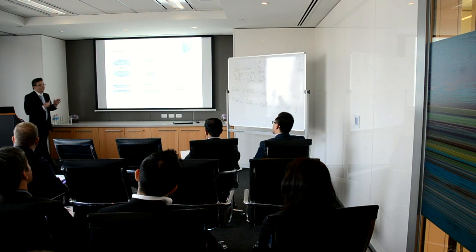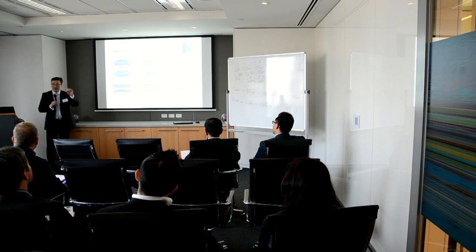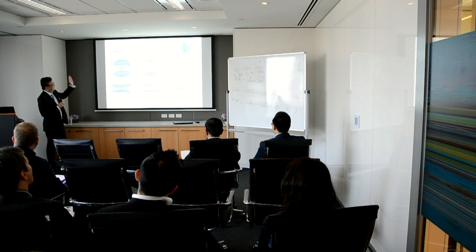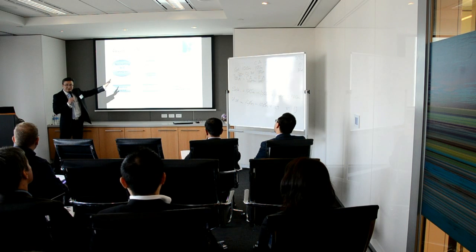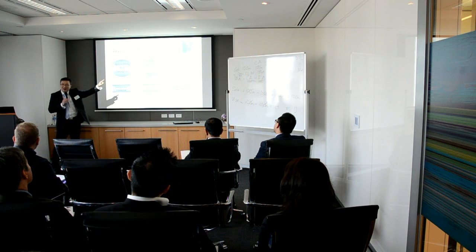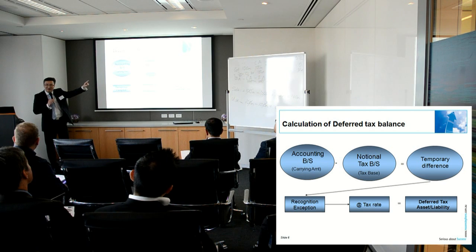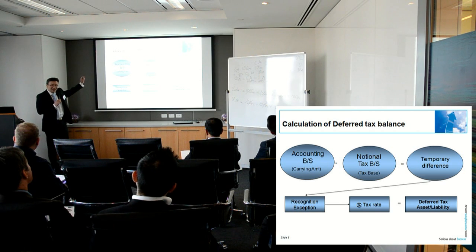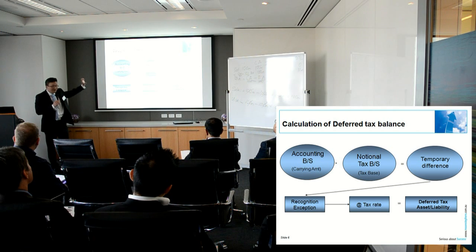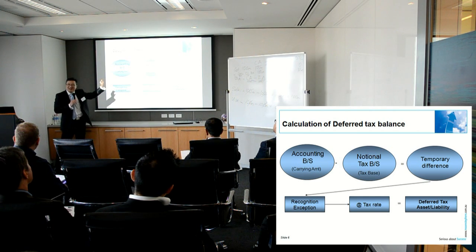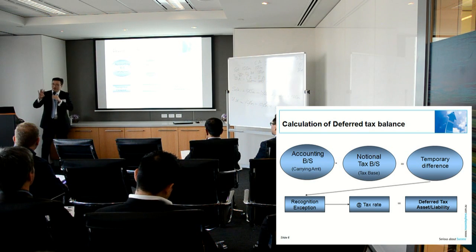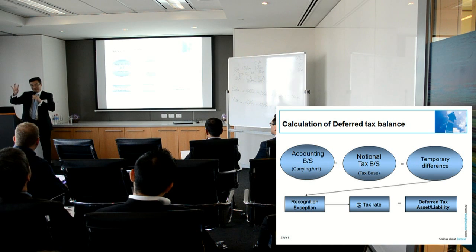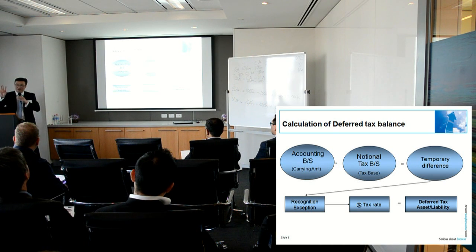Now, we discussed the three concepts in relation to tax base. The difference between the carrying amount and the tax base gives you the temporary difference. If you have a look at the formula, you start with the carrying amount of your asset, you minus the tax base of your asset, gives you a temporary difference. A temporary difference can only be one of four things.